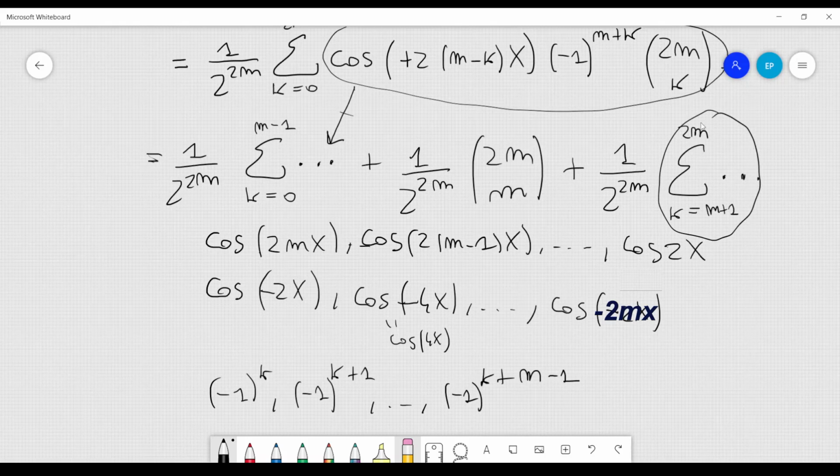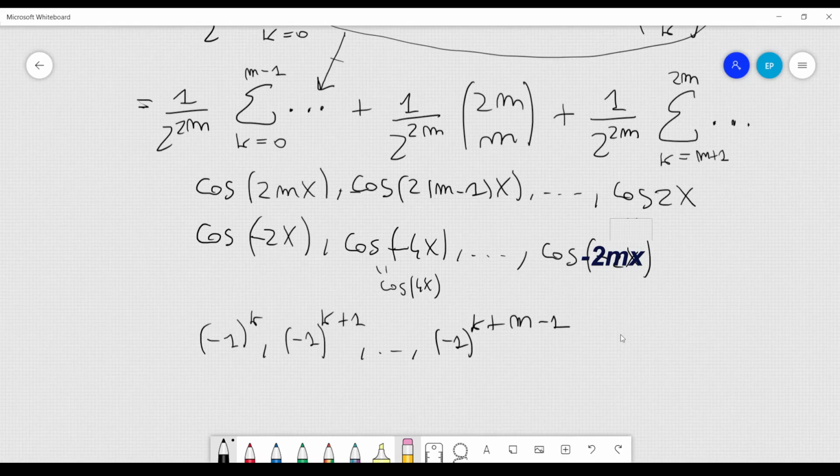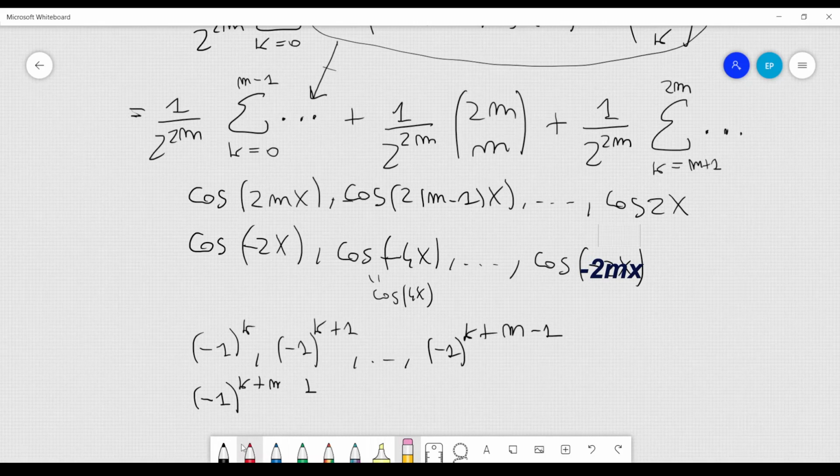Whereas for the second summation here, that term will be minus 1 to the power k plus m plus 1. And if I want, I can also change this sign to a minus, for the properties of minus 1 raised to some power. So this will be equal to that. And then I will have minus 1 to the power k plus m plus 2.